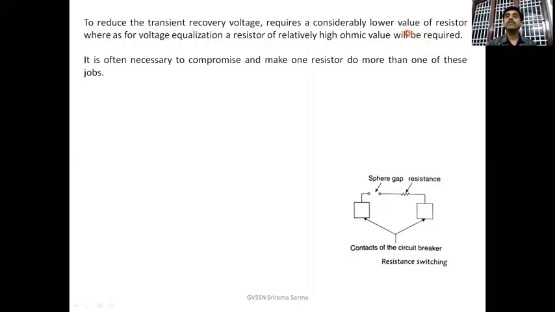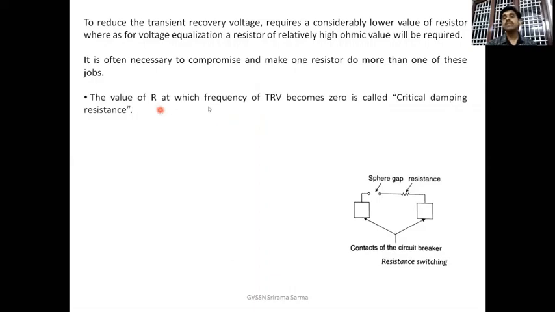One is to reduce the transient recovery voltage, that means restriking voltage, for which a low value is required. For voltage equalization, a high value is required. So it is often necessary to compromise and make one resistor do more than one of these jobs. The value of the resistor at which the frequency of TRV becomes 0 is called the critical damping resistance.